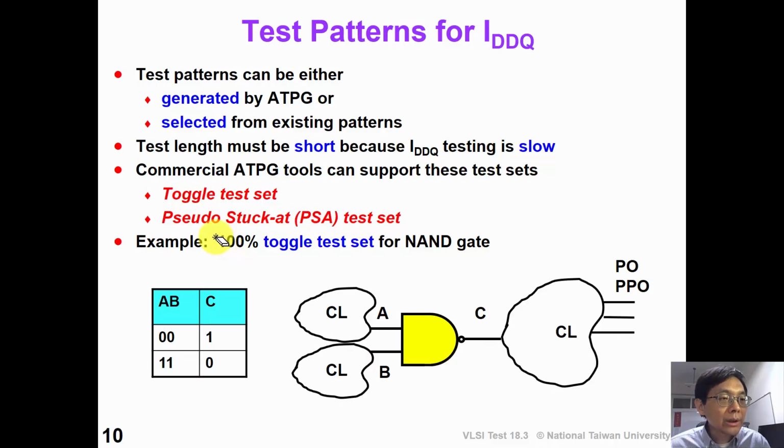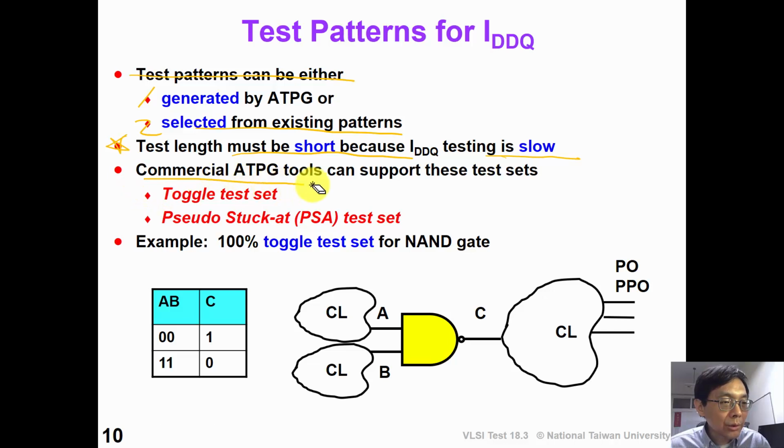So, how do we generate test patterns for IDDQ? IDDQ test patterns can be either generated by ATPG or selected from existing patterns. A very important idea is that the test length of IDDQ patterns must be very short because IDDQ testing is very slow. If we want to minimize test costs, we want to minimize the number of test patterns.